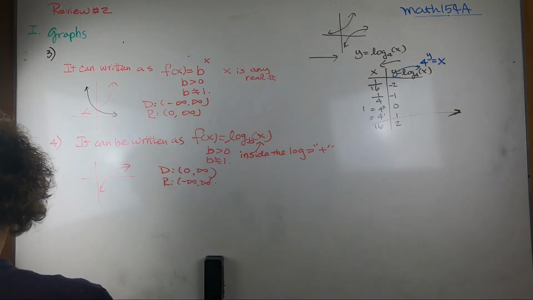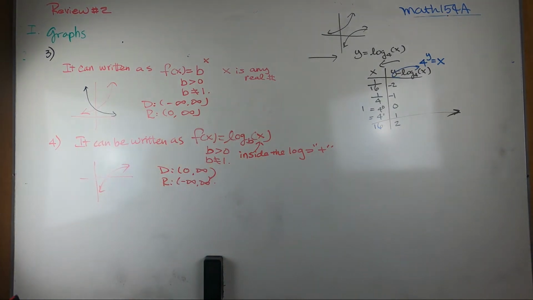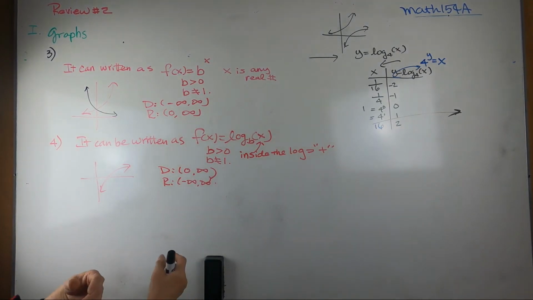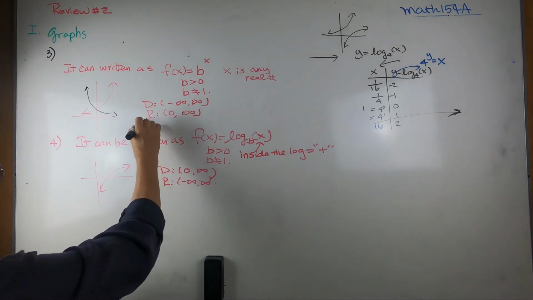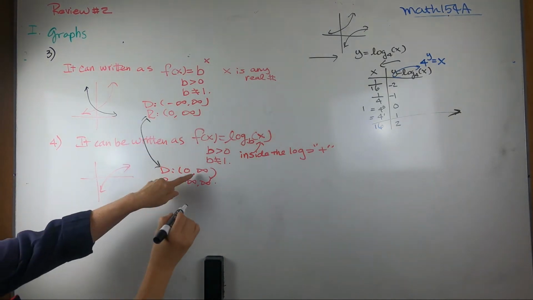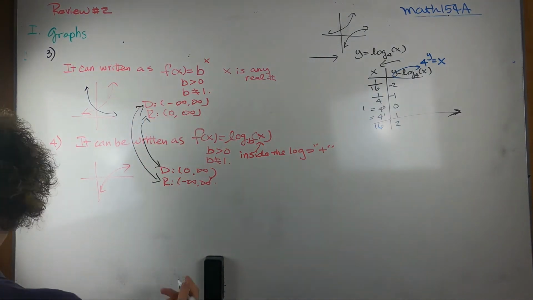So we say in general, log and the exponential functions are inverses. That means you switch x and y's. So your range becomes what? Domain. Then domain becomes what? Range.